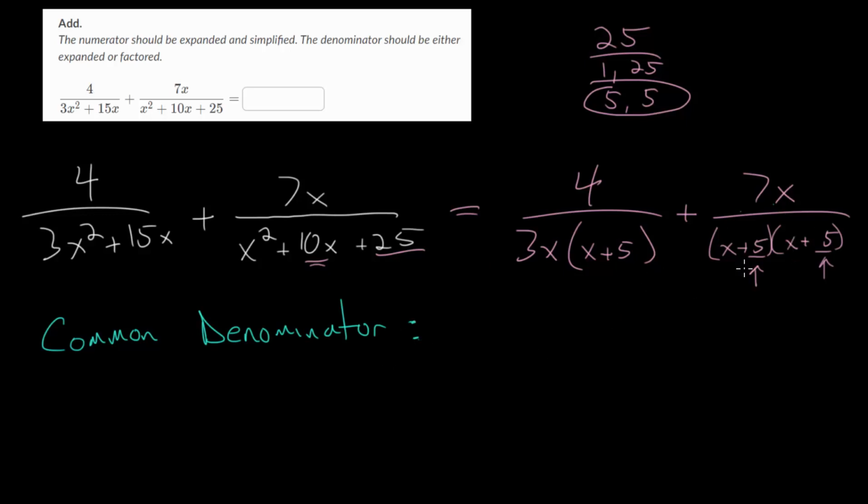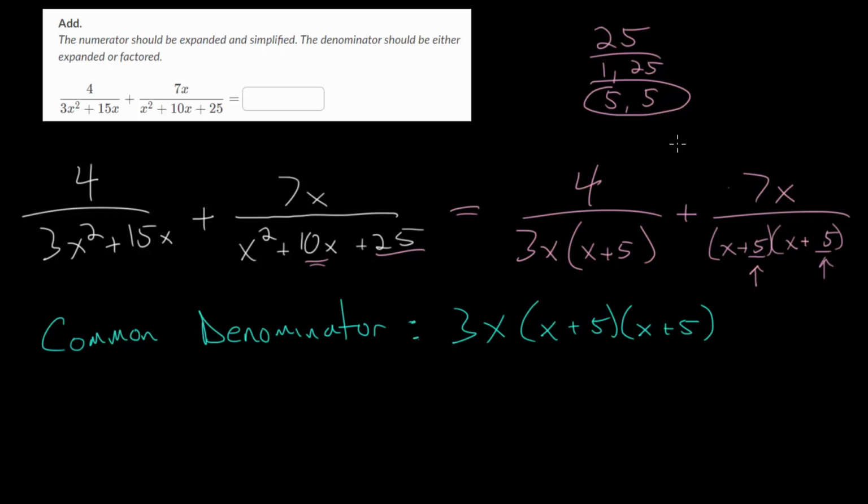So if we multiply this one by 3x and this one by x plus 5, then they would have the same denominator. So 3x times x plus 5 times x plus 5 would allow us to get the same denominator by multiplying by the least amount of terms or factors.